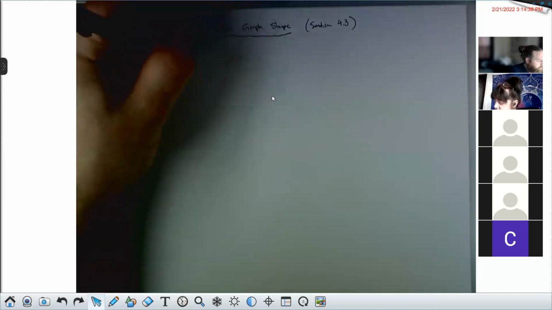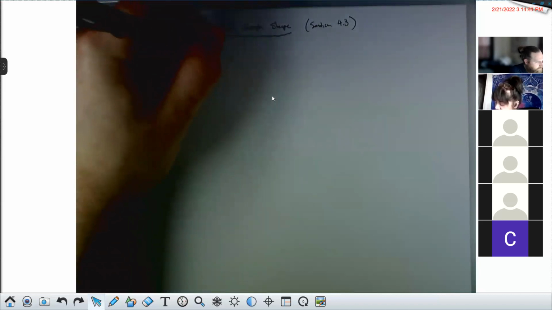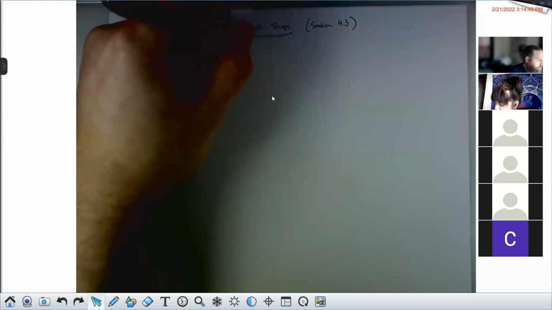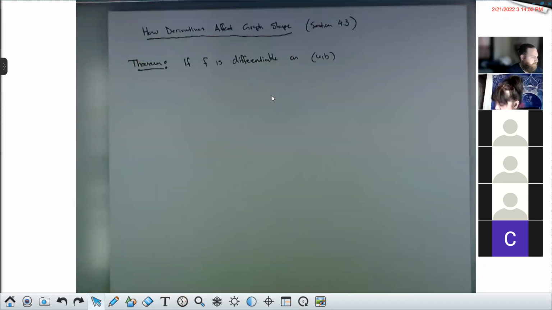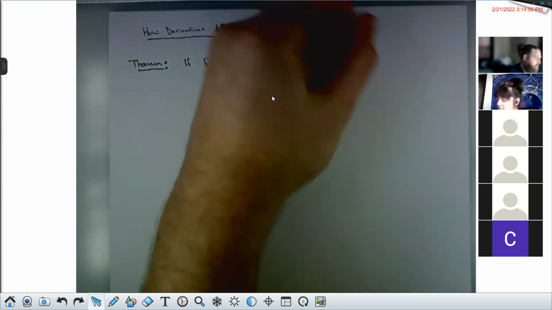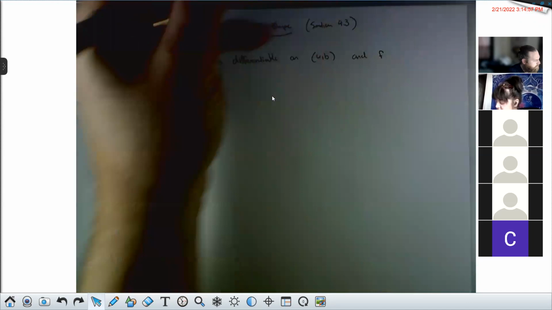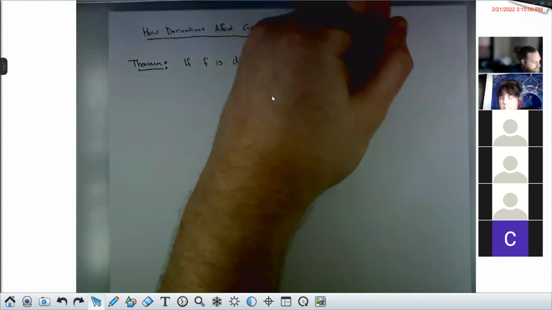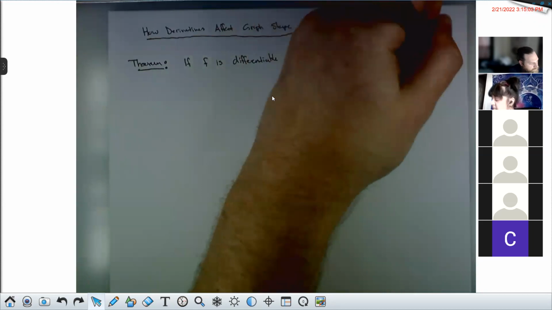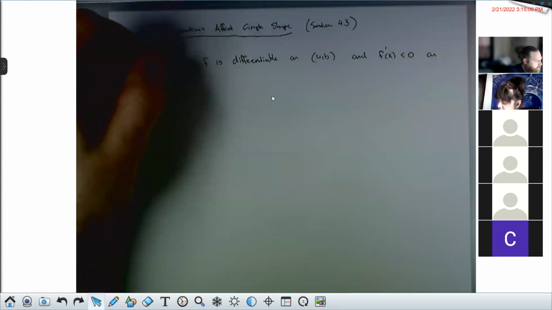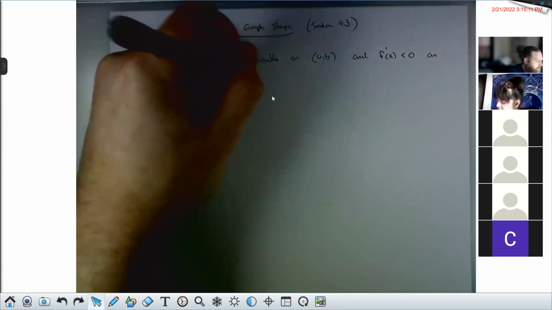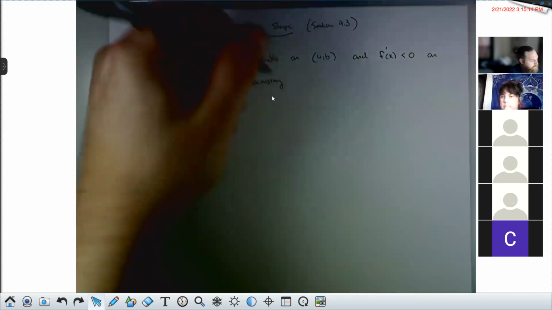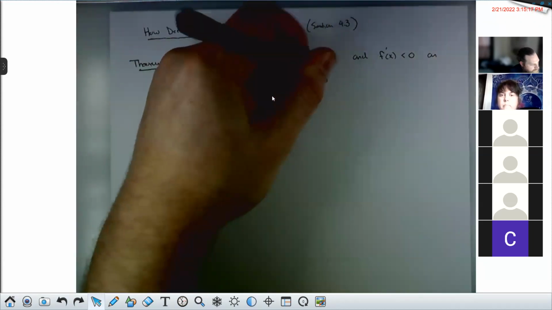So if we want to state this carefully, we would say if f is differentiable on the open interval AB and f primed of x is negative on the interval AB, then f is decreasing on AB.